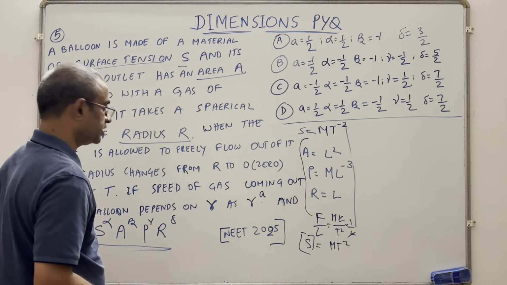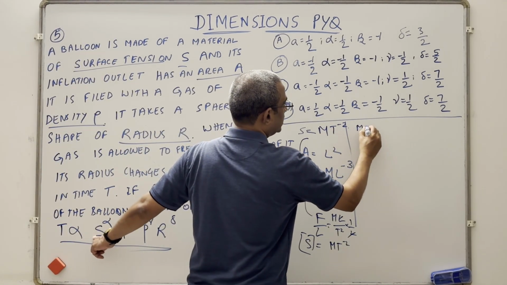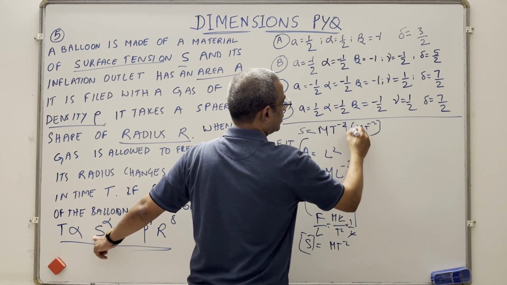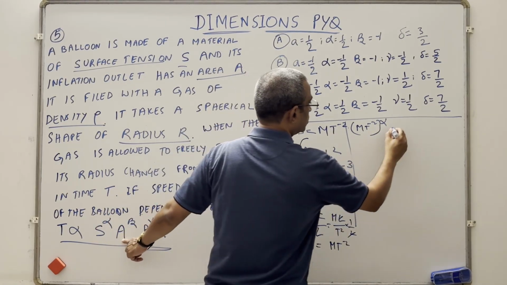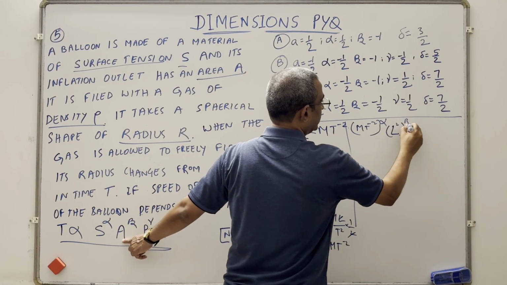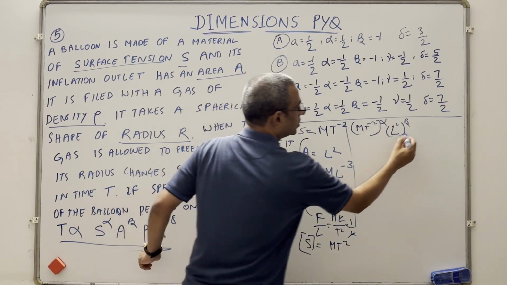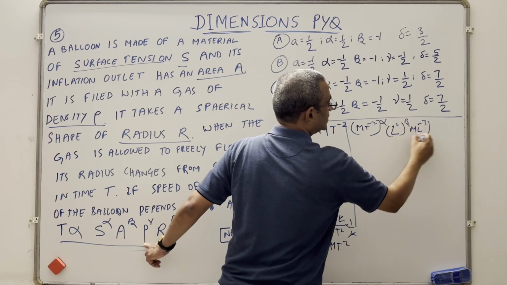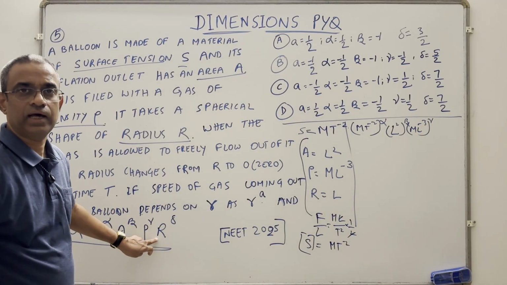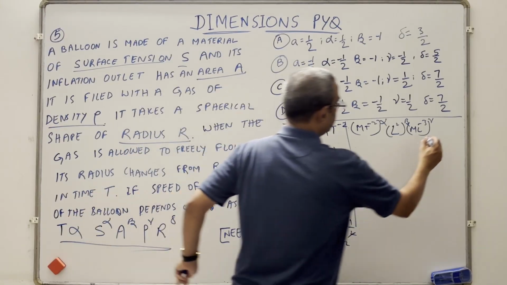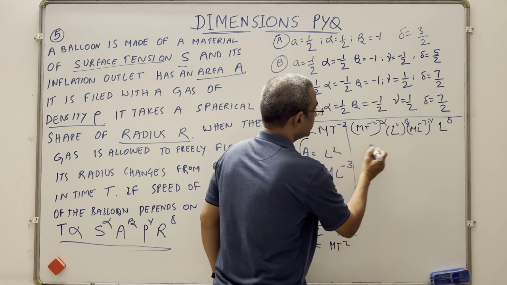So now look at this time. S power alpha: M T power minus 2, to the power of alpha. A is beta: L² to the power of beta. Gamma is density: M L power minus 3 to the power of gamma. And r is length to the power of delta. So let us expand all of this.